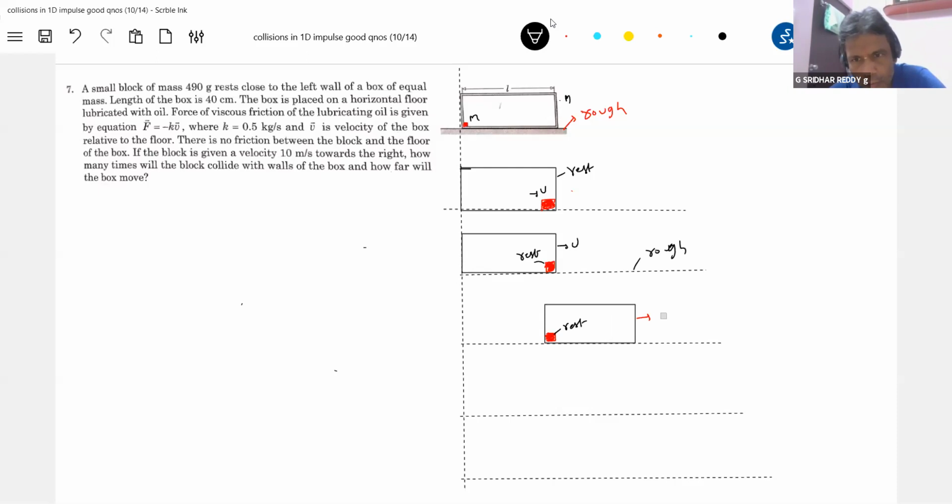No, it should have some velocity, so call it v1, the velocity of the box. Now it will collide. Then after collision, again exchange of velocity occurs. So the box will come to rest and the block will acquire that velocity.